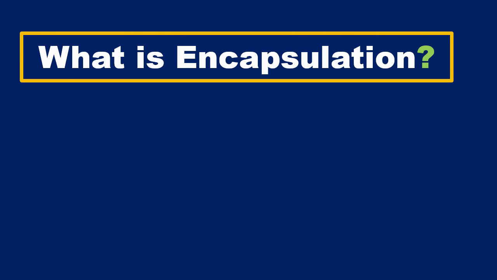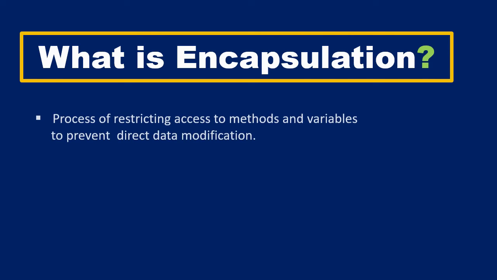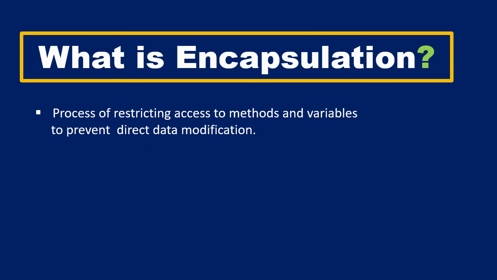Encapsulation basically allows the internal representation of an object to be hidden from the view outside of the object's definition. So a class is an example of encapsulation because it encapsulates the data it contains from its methods and its variables.